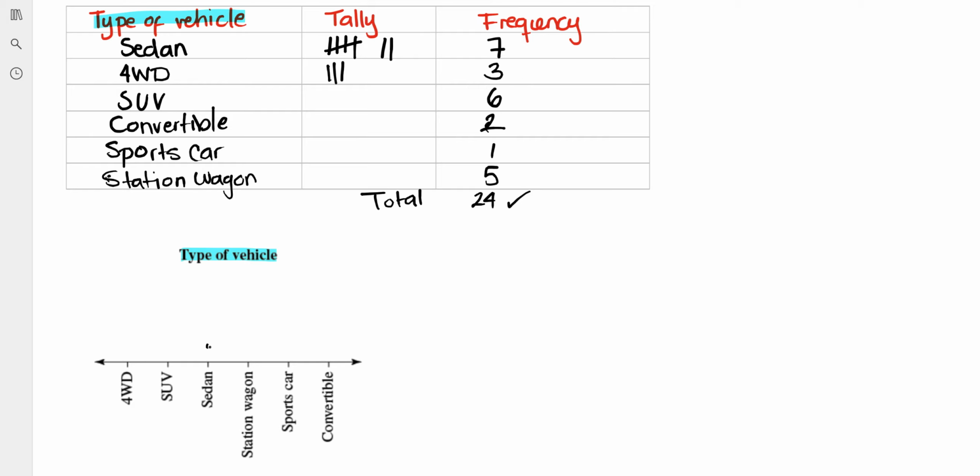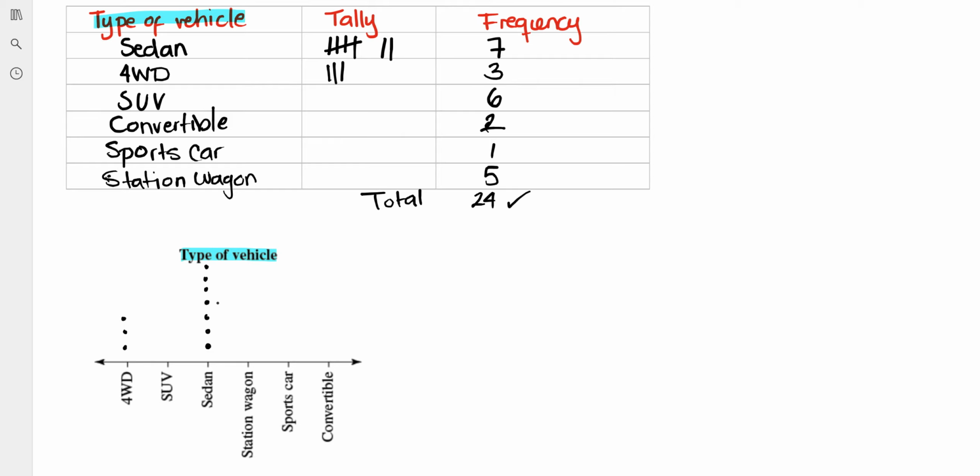So I'm going to do 1, 2, 3, 4, 5, 6, 7. Good. Then 4WD came up 3 times. This one has to be aligned with this one, and this one is aligned with this one. They have to be at the same height.